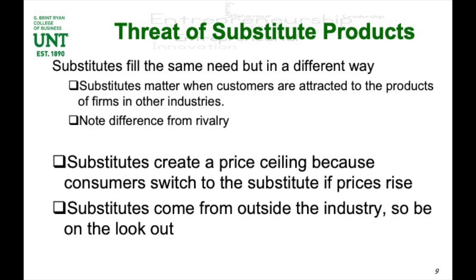There's obviously a difference between that and rivalry, which we'll talk about in just a moment. Substitutes are going to create a limit to how much prices can increase, beyond which they would switch to the substitute product. Substitutes always come from outside the industry, so this is another reason why you have to use an external type of analysis to see what is actually going on in other industries.